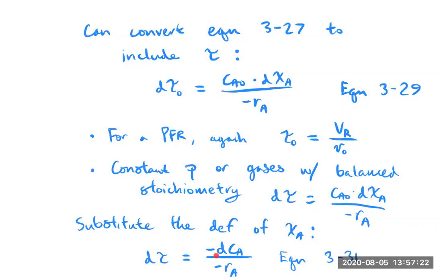If we work with this form a little further, let me go to the next page. Let me just rewrite: d tau equals minus dCA over minus RA. If we cancel out our minus signs, we have this.